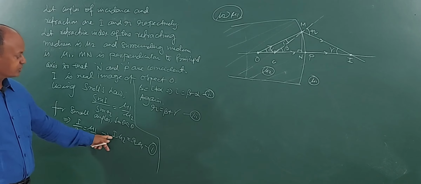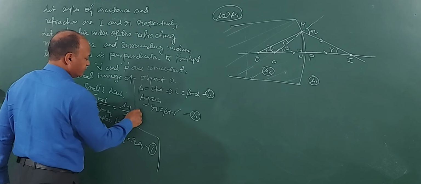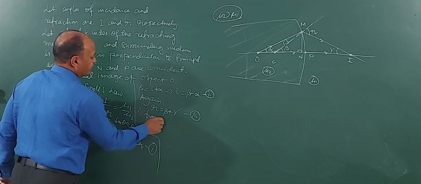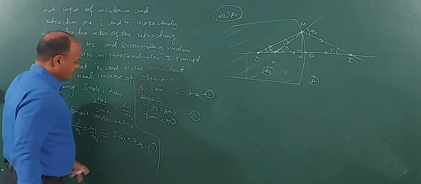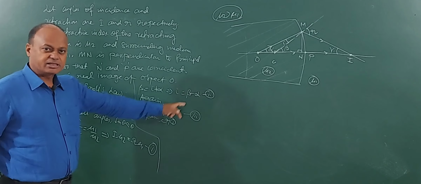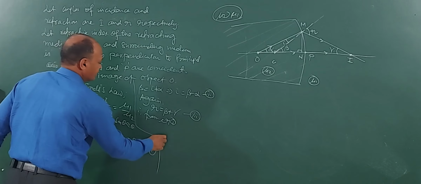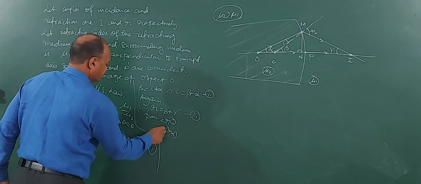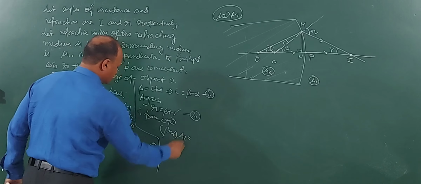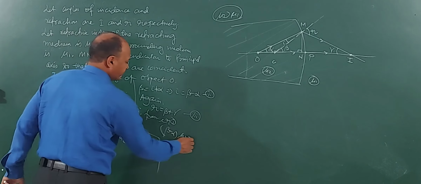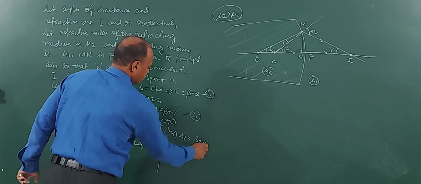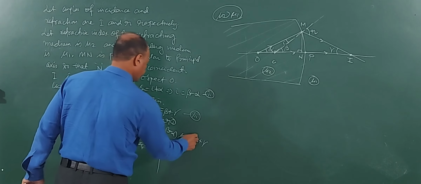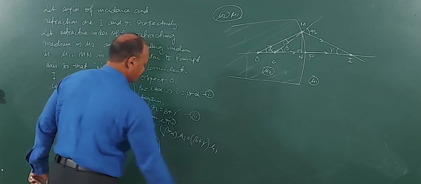If I substitute these values, so therefore from equation 1, i is how much? Beta minus alpha. So what do we get, children? We get beta minus alpha into mu2 is equal to r. r is equal to beta plus gamma, beta plus gamma into mu1.